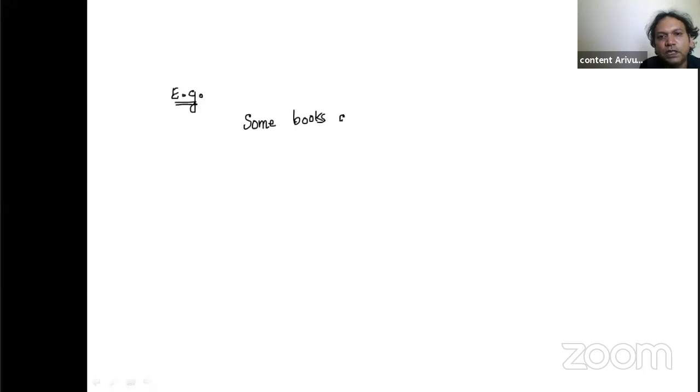Some books are tables. And some tables are pots. So let's take this example here. Some books are tables. Some tables are pots. And I'll be taking up conclusions here.